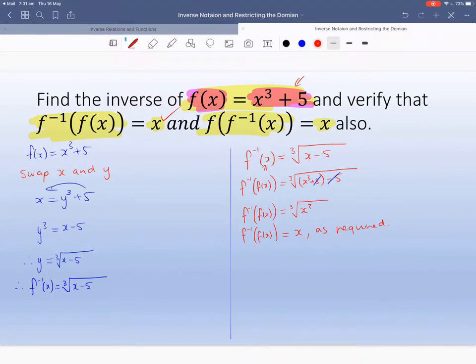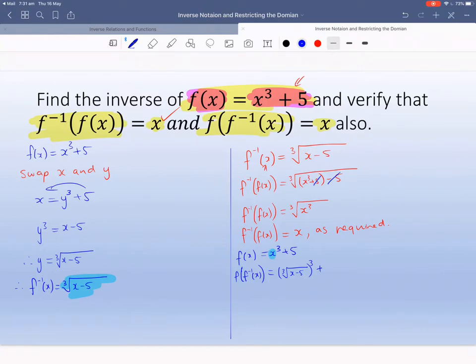Now we need to do the opposite too. I'm going to write in a different color pen. F of x equals x cubed plus 5, and now I'm going to substitute the inverse in for x. So instead of x, I'm going to put in the inverse function, in brackets: the cube root of x minus 5, all cubed.